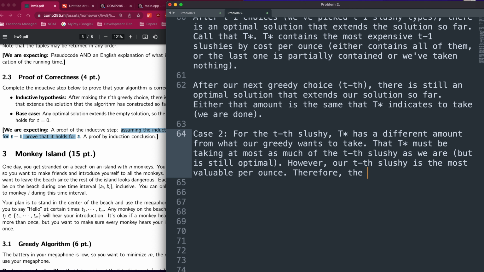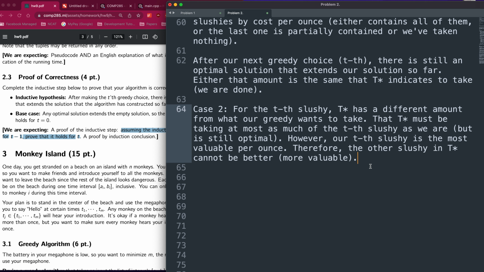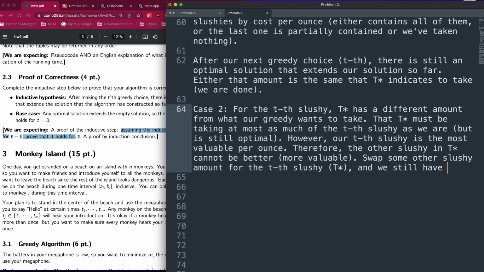Therefore, the other slushy in T star cannot be more valuable, okay? And because of that, we can swap some other slushy amount for the T slushy. So we can convert this T star into a solution that is what our greedy wants, and we still have the most valuable cooler.